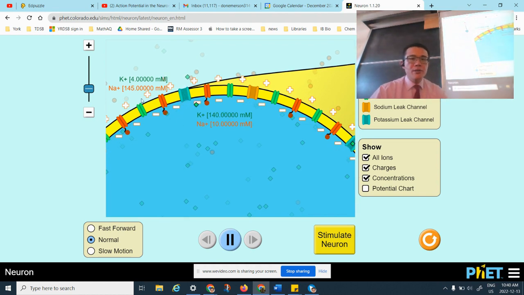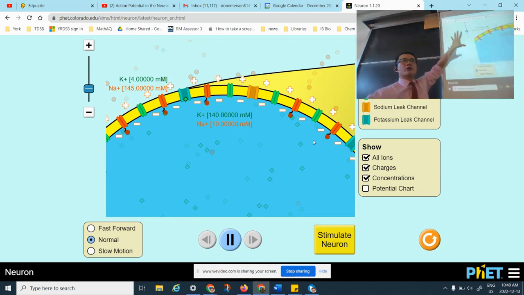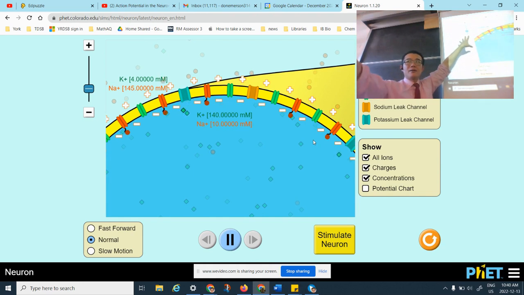Now, this is not shown here right now, but there is something that is maintaining this charge or this concentration gradient. What is it? It's an old friend that we saw back in Unit 1. Sodium potassium pump, thank you.